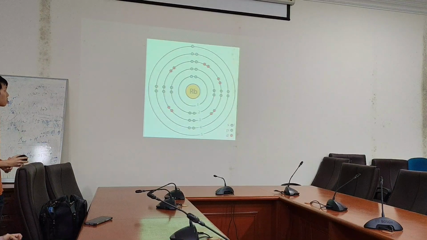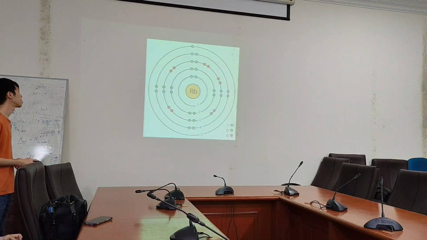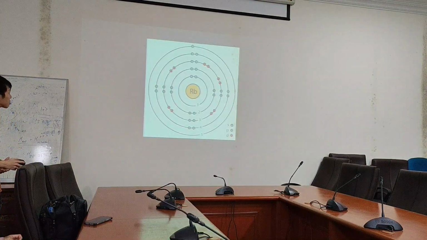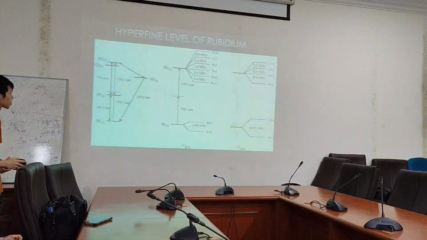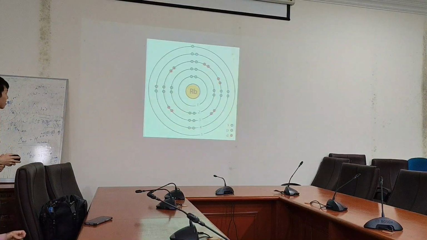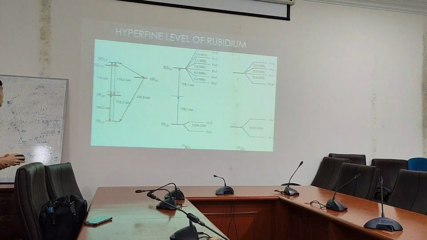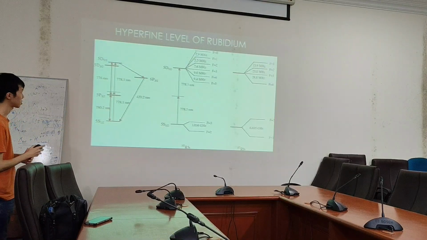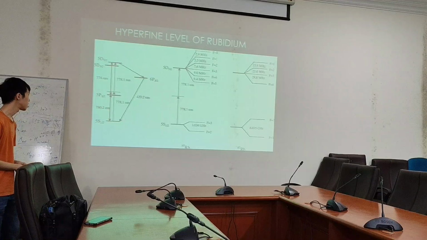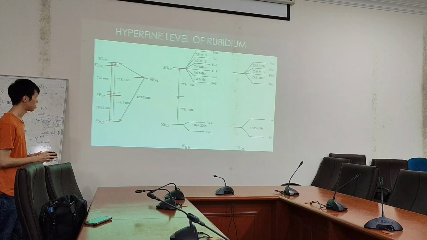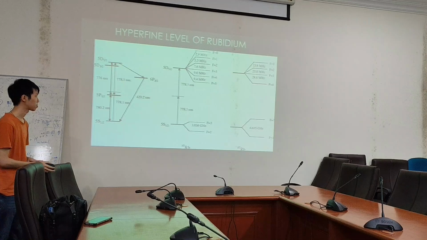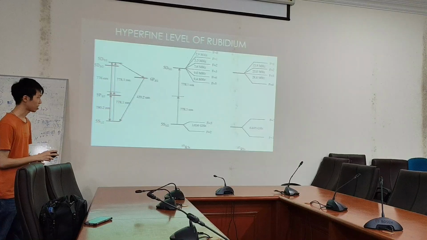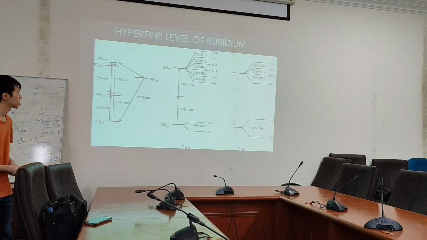And this is what rubidium looks like. The left middle one is 85 and the right side is 87. For 85, the splitting between the two hyperfine levels is 3 point something gigahertz, and for 87 it is 6.8 gigahertz.